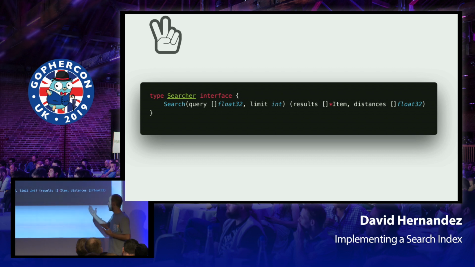What we can do is have an interface that, given a query vector and some limit of results, returns results that are key-value pairs with the business key, the vector, and the distance of that vector, so we can rank how close our data is to our query.